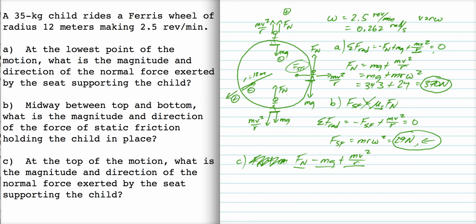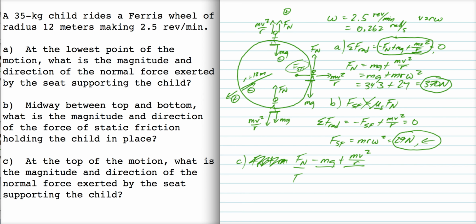Compare to this up here. What's happened is basically the normal force and gravity still have opposite signs, but the centrifugal force has the same sign because it still points radially outward. Okay, so let's see.